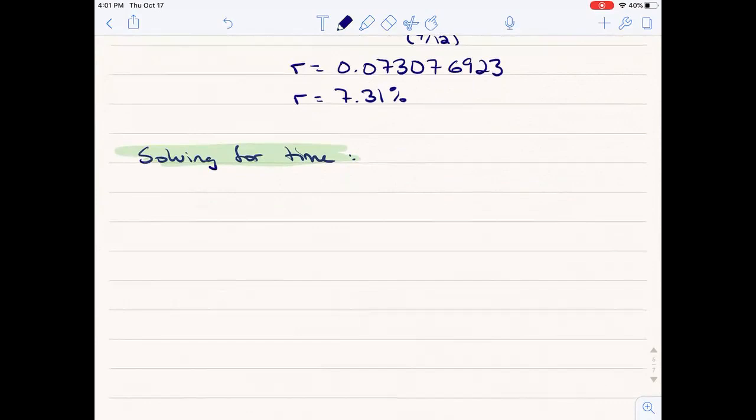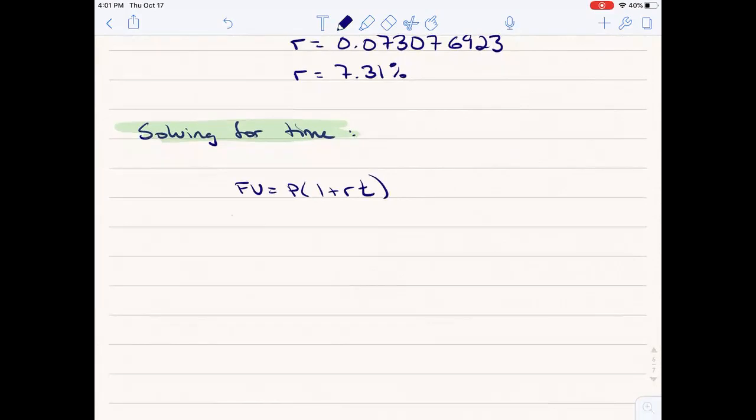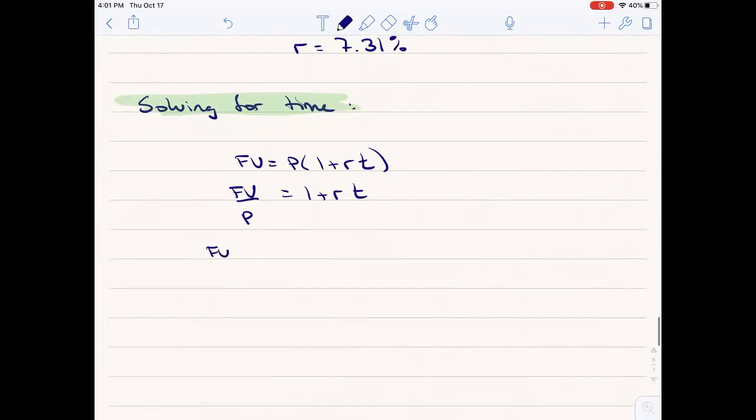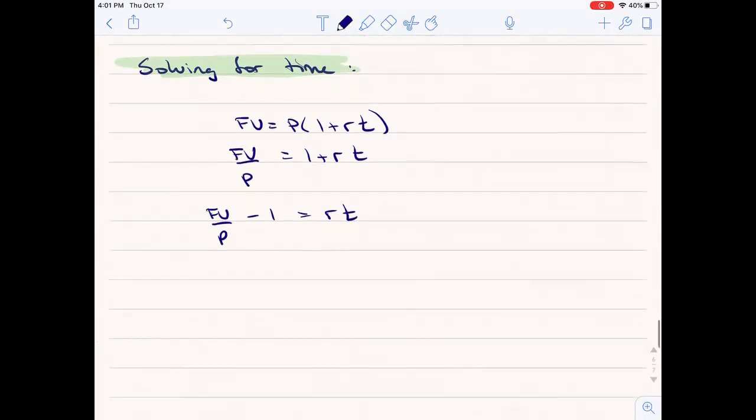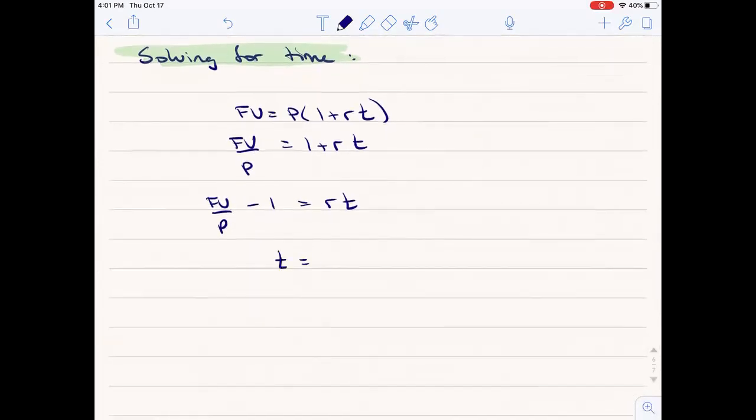So solving for time, we have the future value is P times 1 plus R times T. Future value over P is 1 plus R times T. That's the same setup as before. Even now, when we have to subtract 1 from both sides, we get the future value over P minus 1 is R times T. Solving for T, we divide both sides by R. So we get T is the future value over P minus 1, over R.